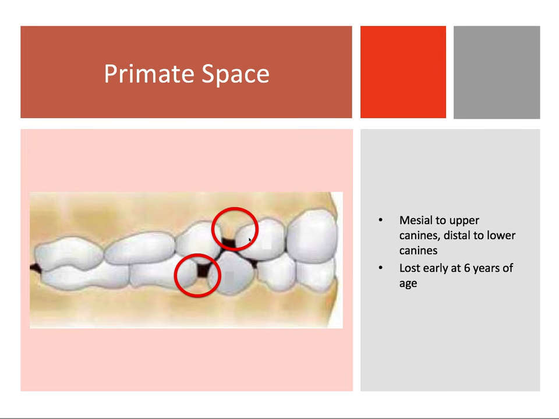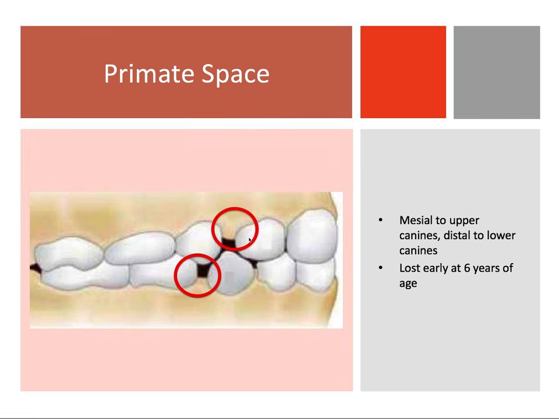So let's talk about some of the natural spaces that occur in the dental arch from the transition from primary to permanent dentition. First we have our primary or primate space. The primate space refers to about 1.5 millimeters of space that naturally appears mesial to the upper primary canines and distal to the lower primary canines.